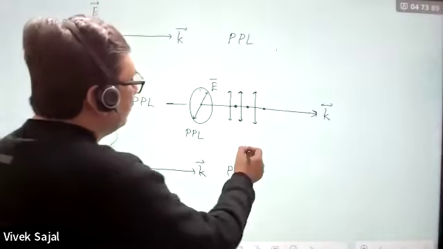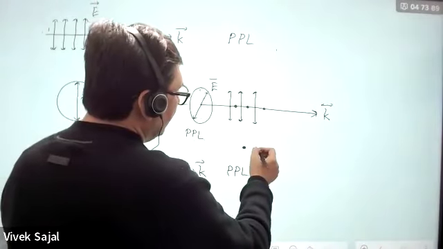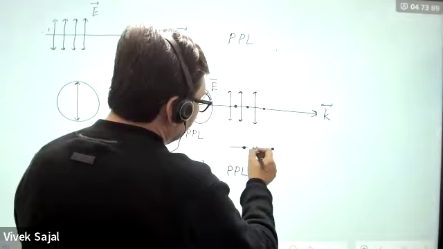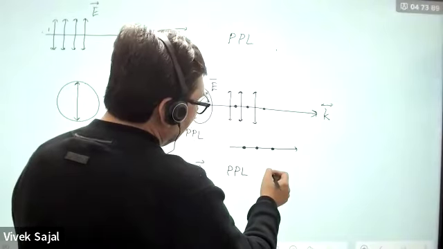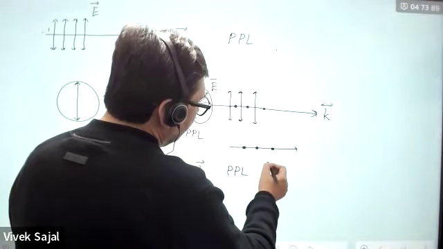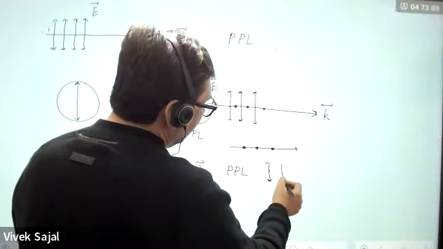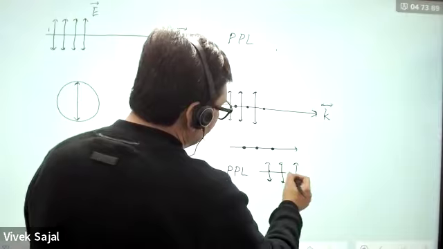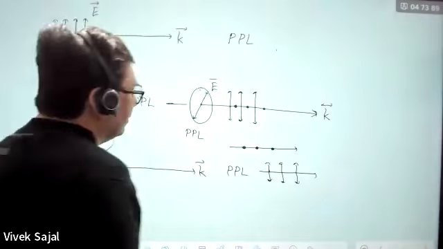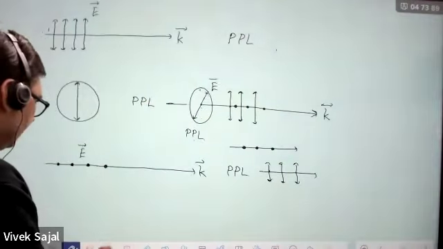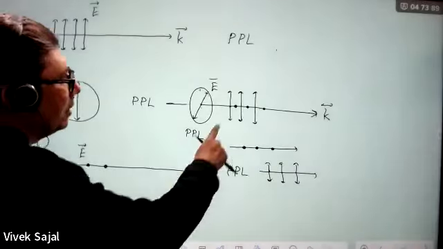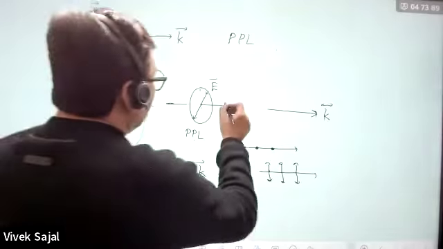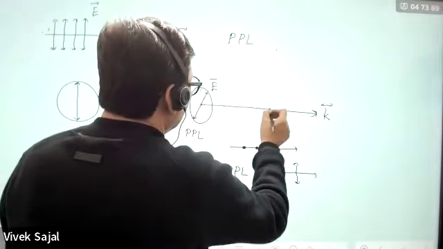So individually, if this component is there, then this is plane polarized light. If this component is there, this is plane polarized light. So here I should modify a little bit, so don't be confused with this.